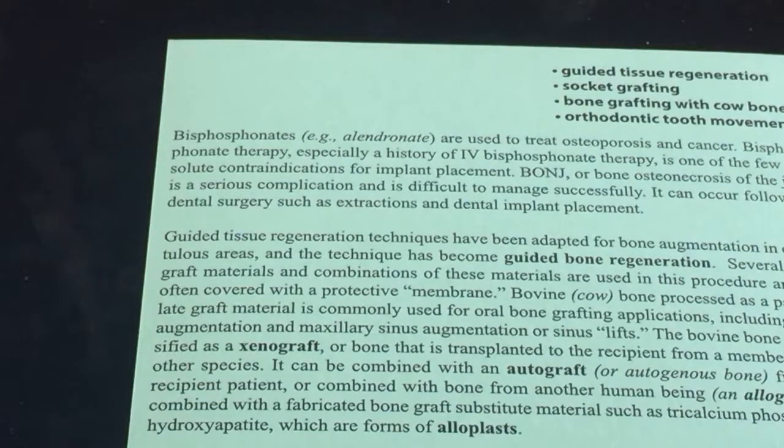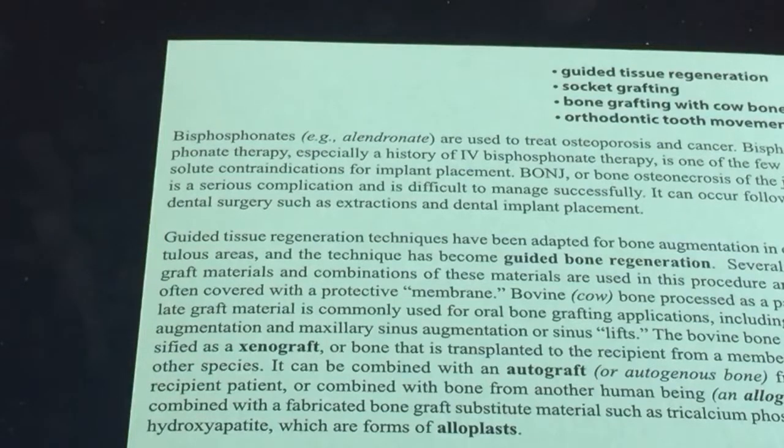It can be combined with an autograft or autogenous bone from the recipient patient, or combined with bone from another human being, which is an allograft, or combined with a fabricated bone graft substitute material such as tricalcium phosphate or hydroxyapatite, which are forms of alloplasts.